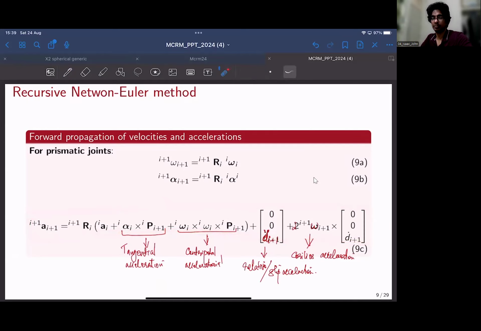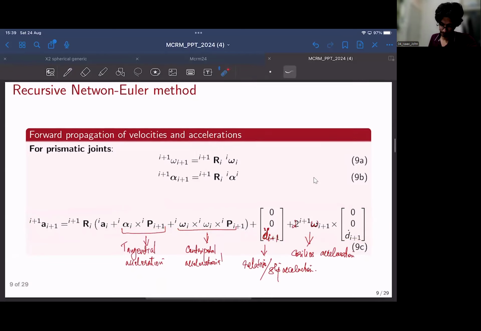It can be understood if you follow any textbook on rigid body dynamics, or any of the textbooks referred to as reference textbooks for this course.